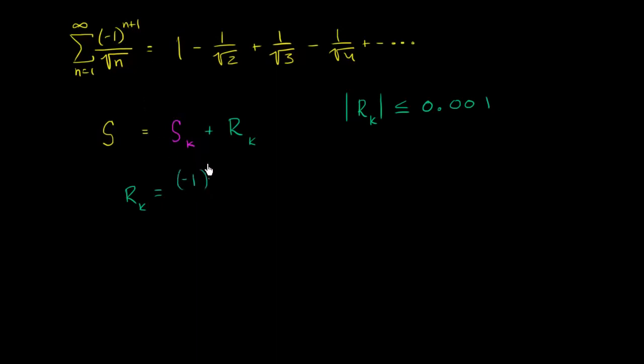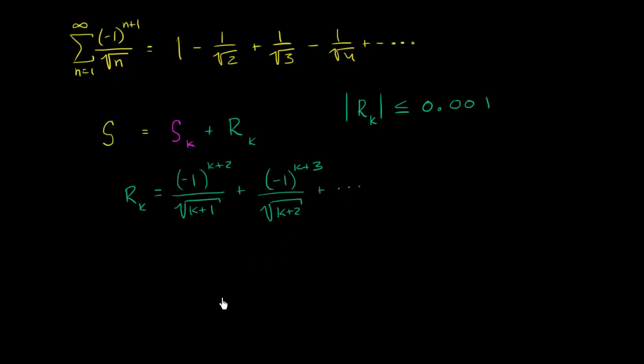So it's negative 1 to the k plus 2 over the square root of k plus 1. And then the next term, I could just write plus negative 1 to the k plus 3 over the square root of k plus 2. And it's just going to go on and on and on like that.